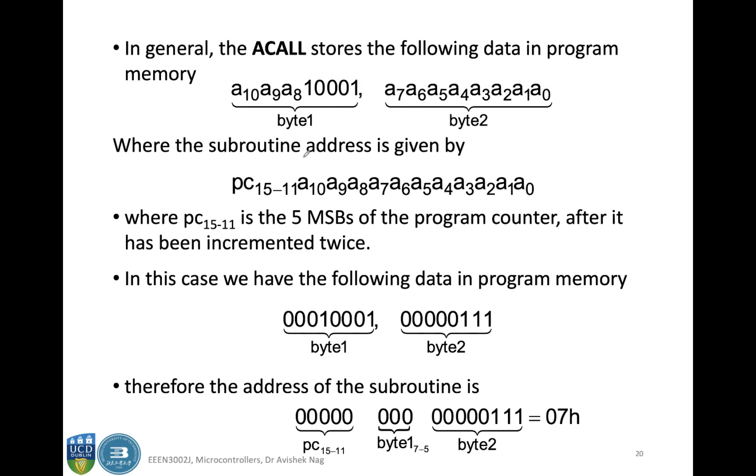So this is the general expression of an ACALL instruction. ACALL is 2 bytes, so let's say these are the 2 bytes of ACALL, byte 1 and byte 2. Imagine that the 8 bits of byte 2 are A0 to A7. Byte 1 looks a little bit different. The first 5 MSBs of byte 1 are always 1 0 0 0 1.